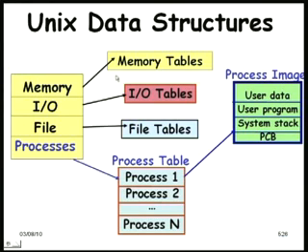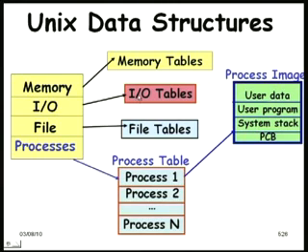And then there are various data structures that are maintained. For example, there will be various memory tables that need to be maintained: which memory page is being used, how frequently, all those things.